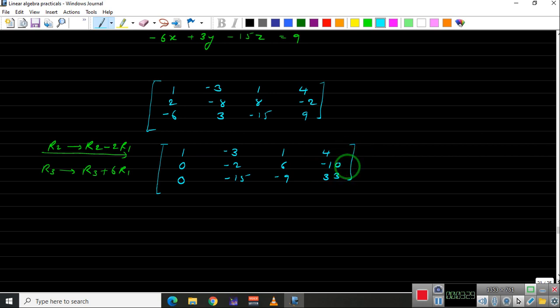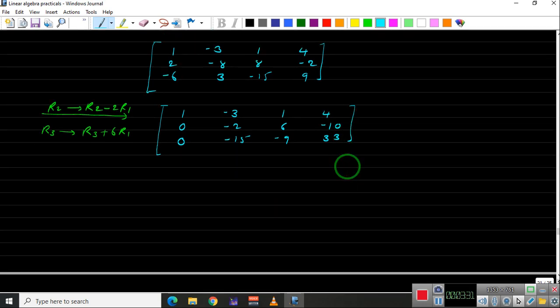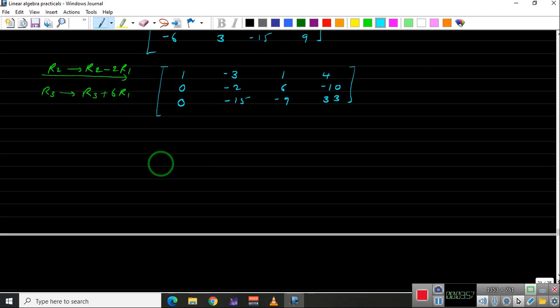You can do the calculations. I will make this video very short. Now we need to make this coefficient 1 and others 0. In short, we need to convert this into row echelon form. Now I feel we'll get a unique solution for this system. Let's see what happens.